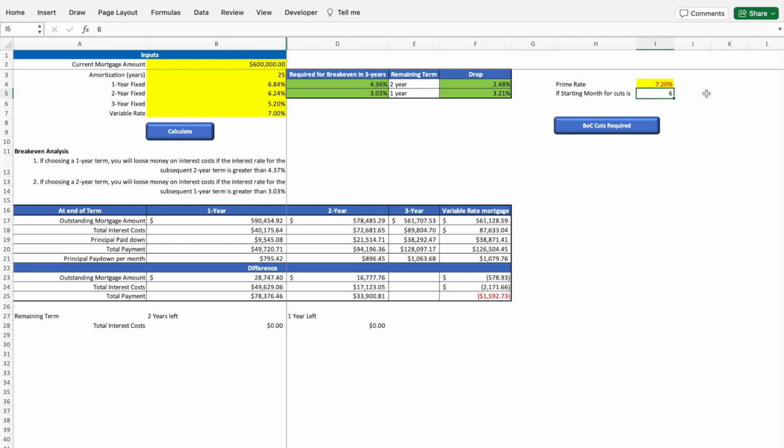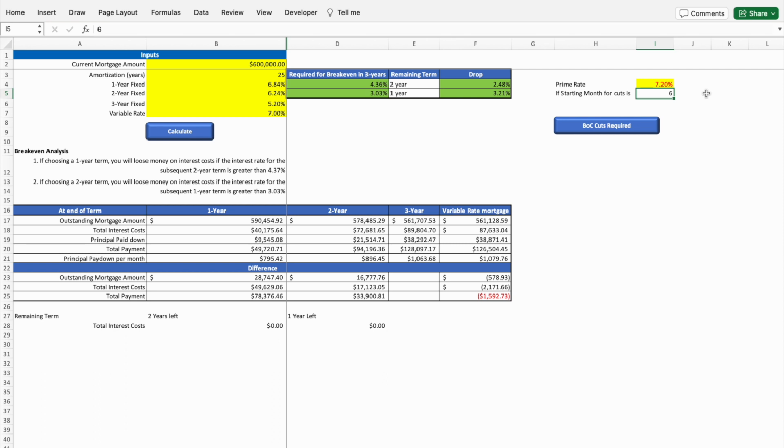The first one is if the cuts were imminent, meaning the cuts were going to start right today, then how many cuts you would need to see at a minimum over the course of the term in order for that choice to make sense. The second one is if the cuts were going to start at the end of the 6th month, then how many interest rate cuts you would need to see from the Bank of Canada for that choice to be suitable.